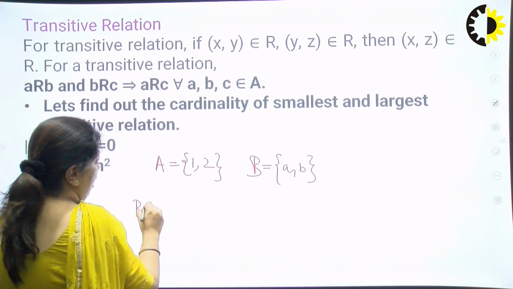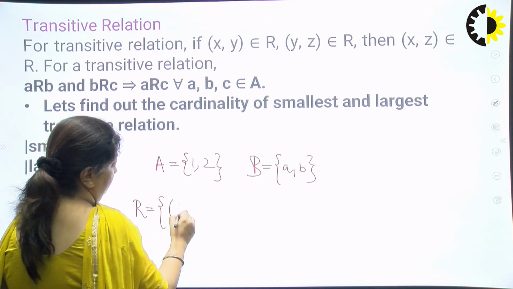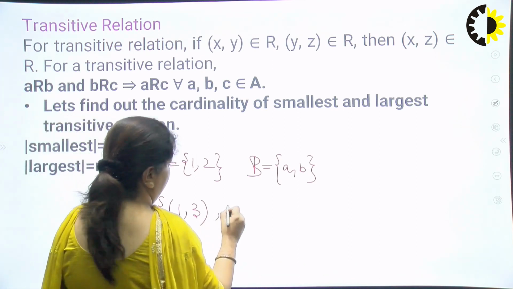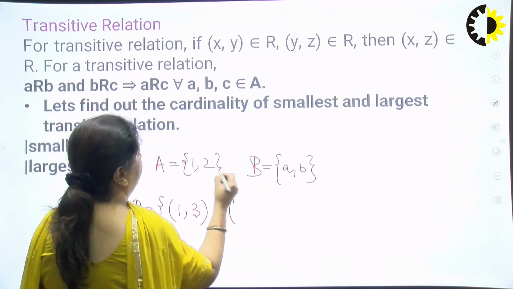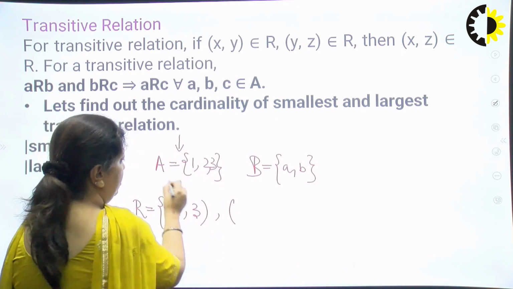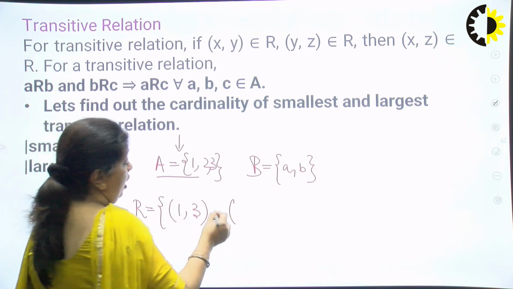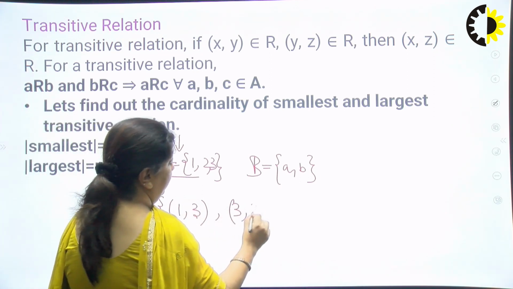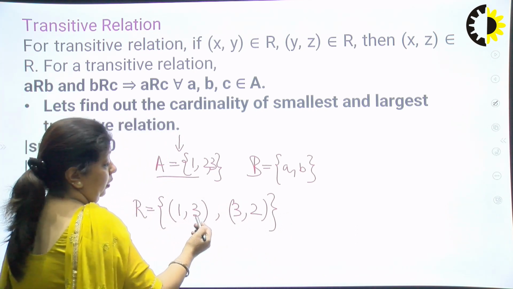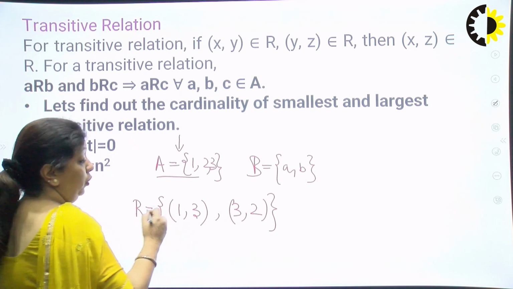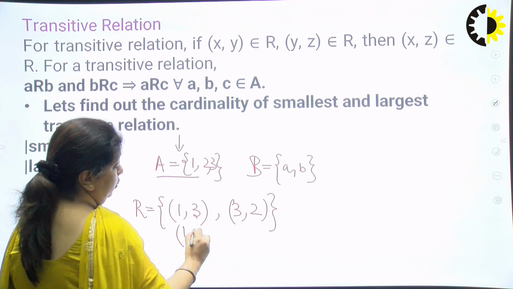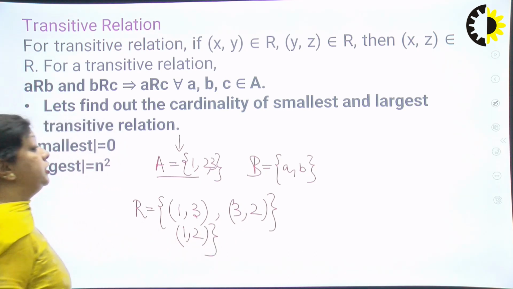If I have a relation R, I am defining this relation on set A only. I have these 3 elements and the relation is defined on the set A only. Then I have the elements (1, 3) and (3, 2). So now in this case, I have (A, B), (B, C). So to make this relation transitive, I must have (1, 2) also in this relation. Then it will become transitive.